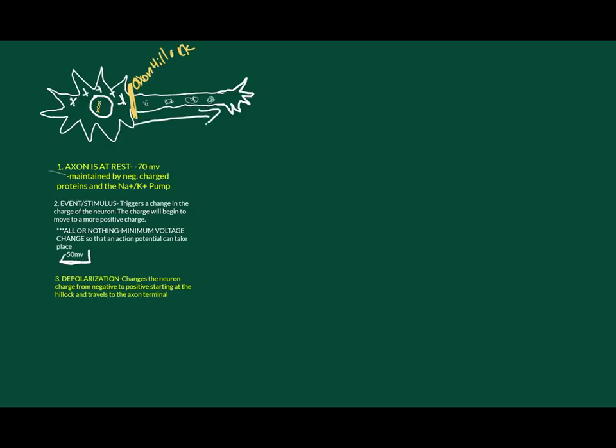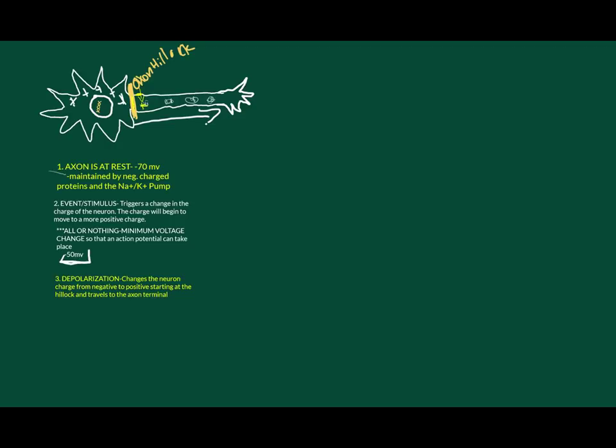So that depolarization is actually going to happen kind of like a domino effect. It's going to start at the axon hillock, and since it reached the threshold here, it's going to allow some channels to open, and those channels are going to allow positive charged ions to enter the neuron. And so the neuron's going to begin to get more and more positive.